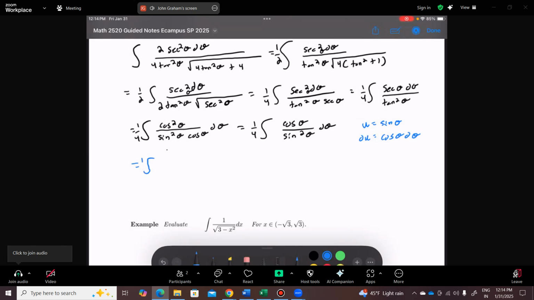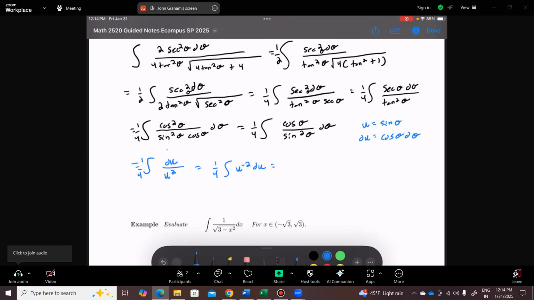So 1/4. Top will be du. Bottom will be u squared. Okay, we can do this integral. So we get 1/4. I'm going to do this first before I do anything. It'll be easier for me to see it.